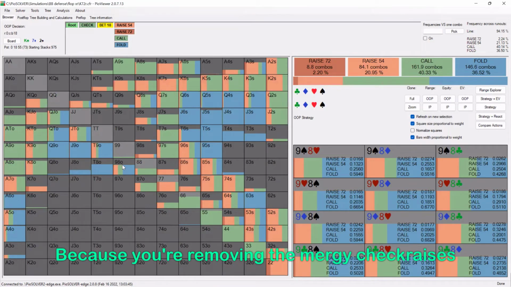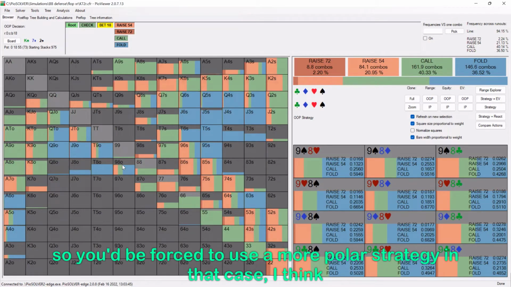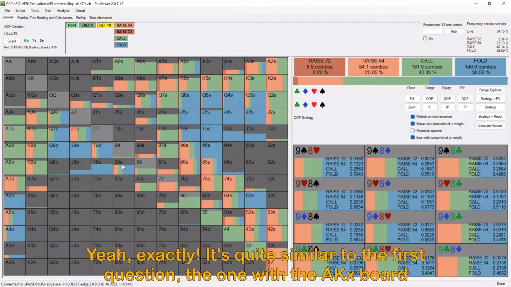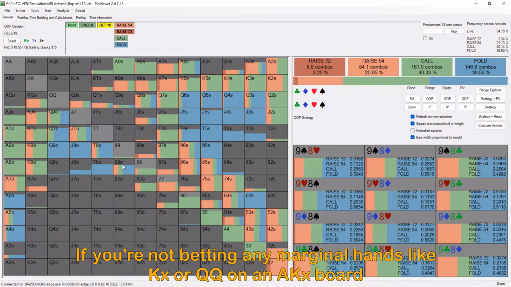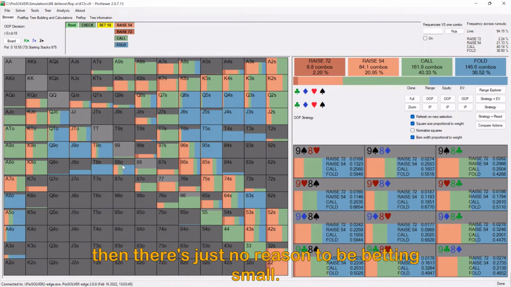Because you're removing the mergey check raises, and those are what are driving the sizing here. You'd be forced to use a more polar strategy in that case, I think. Yeah, exactly. It's quite similar to the first question, the one with the ace king high board. If you're not betting any marginal hands like king x or pocket queens on an ace king high board, then there's just no reason to be betting small.